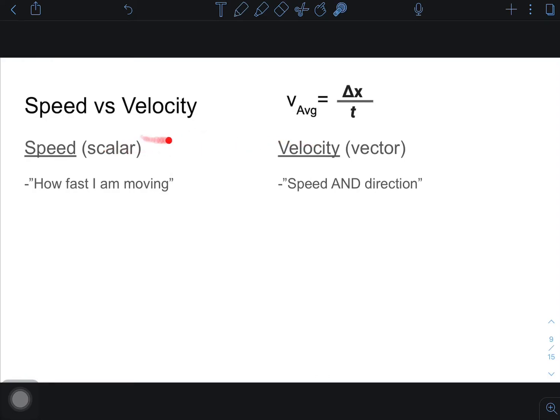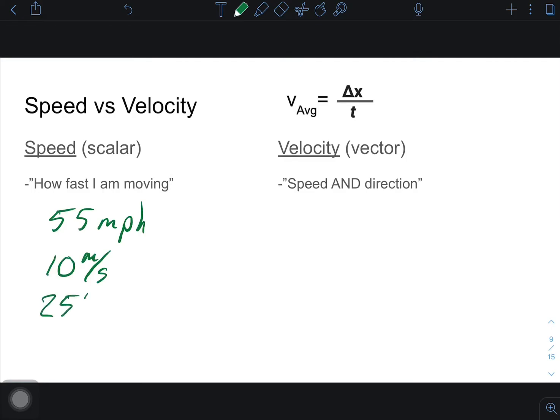The complements of speed and velocity are kind of one and the same as well. So the idea is speed is scalar, velocity is a vector. Speed is the measure of how fast we're moving. So a lot of times when we talk about speed, we'll say 55 miles per hour, or we can say 10 meters per second. That's what we use in science classes, or in physics.